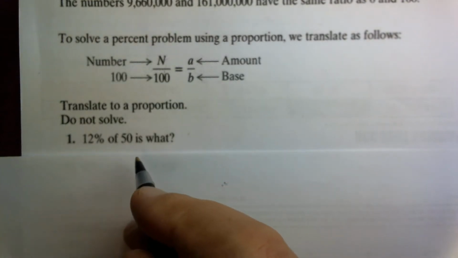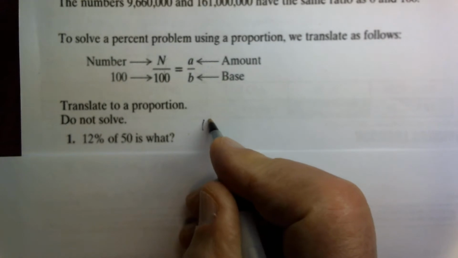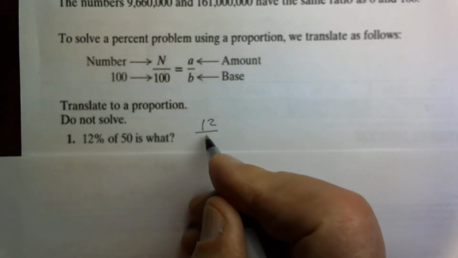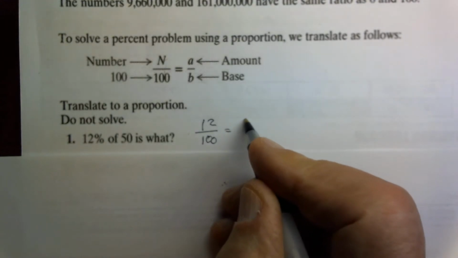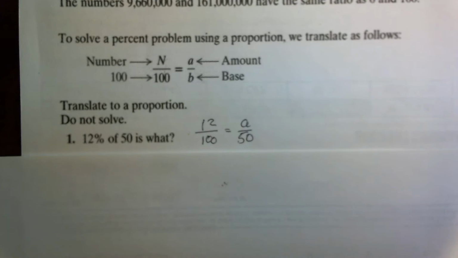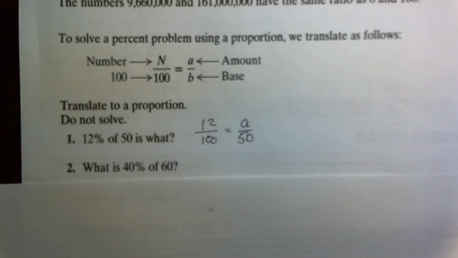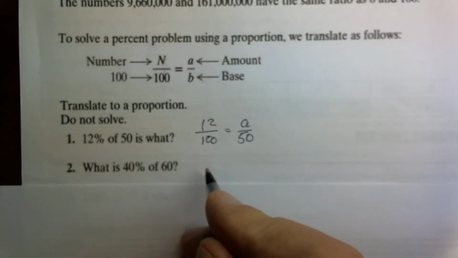Exercise number 1, 12% of 50 is what? So 12% is 12 divided by 100 is a to 50. Similarly, what is 40% of 60?